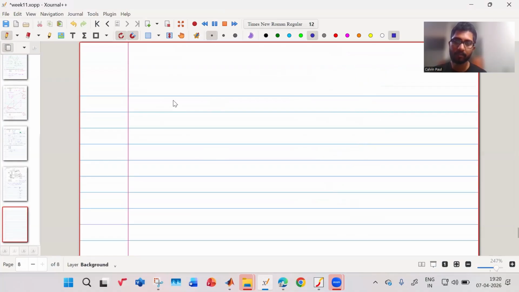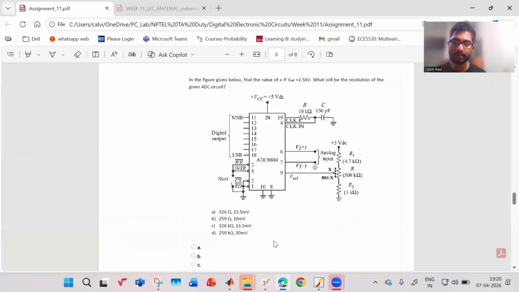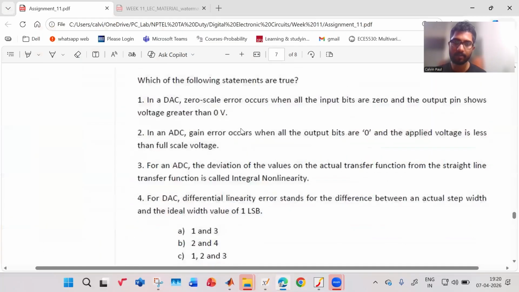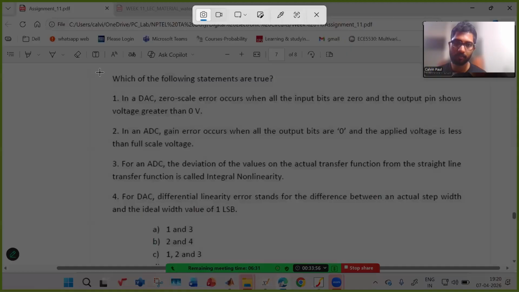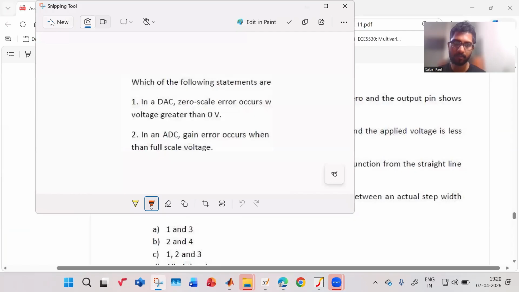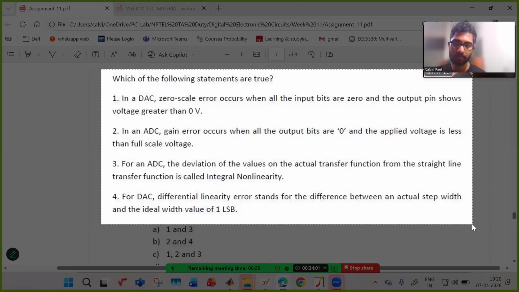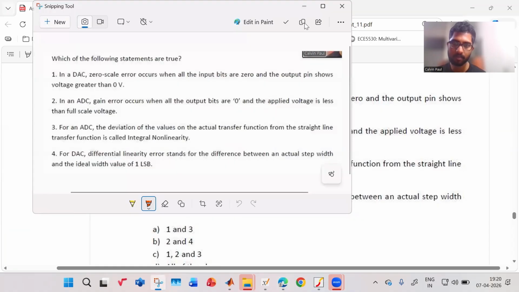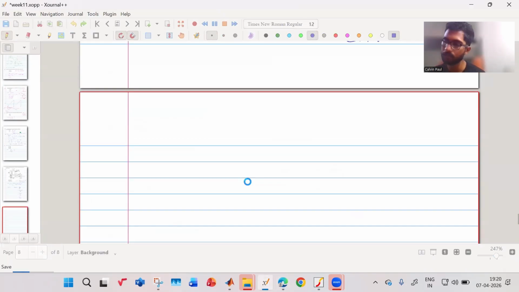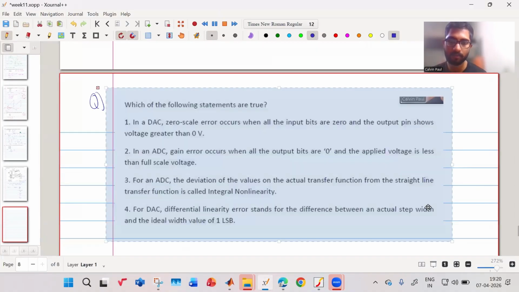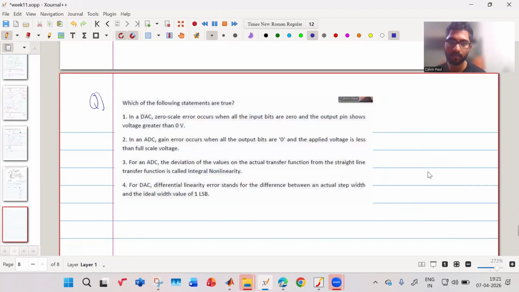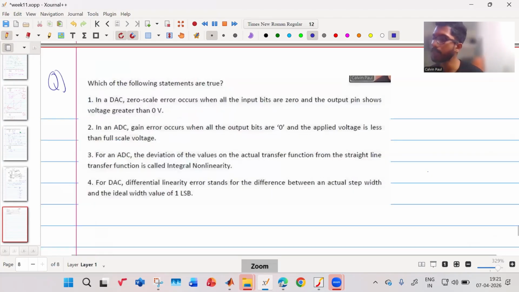So let's go to the next question. Which of the following statements are true? Which statement is true?